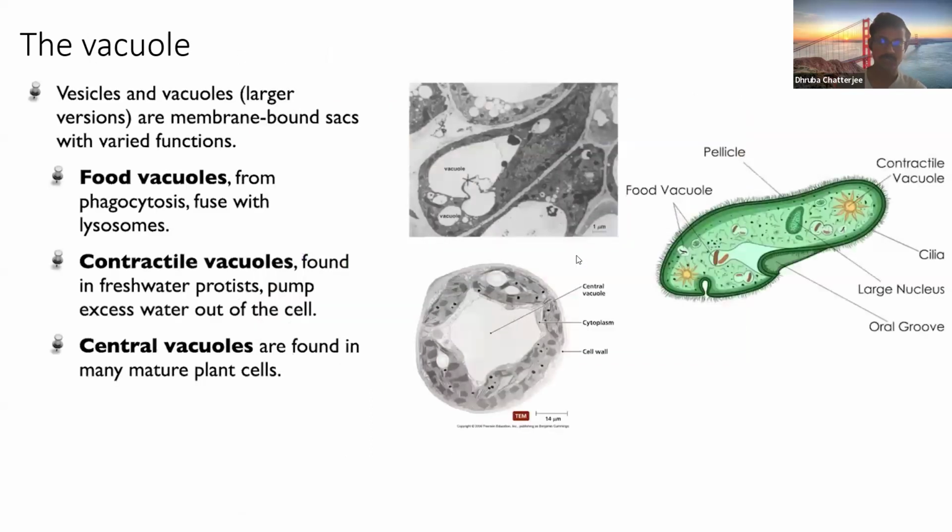In case of the plants and early protists, instead of the lysosomes, they have a very similar compartment, but with many more varied and diverse functions, and also with these membrane-bound sacs, which are much larger in size as compared to the animal cell lysosomes, which are called vacuoles, right?